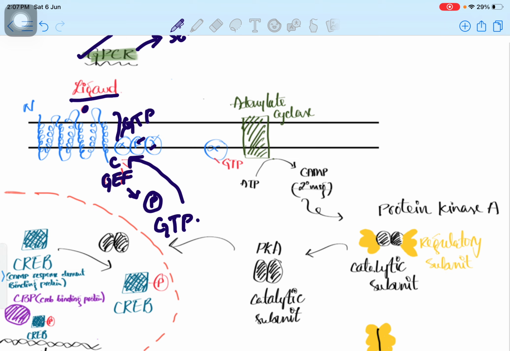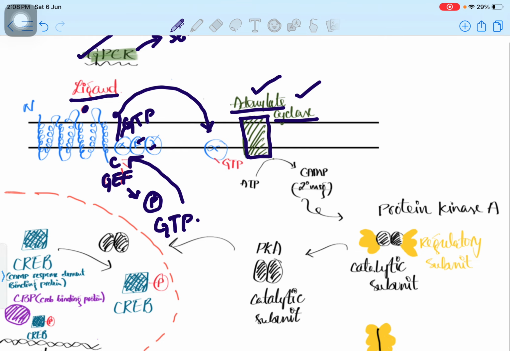Beta and gamma will remain silent. But when the alpha gets attached with the GTP, it will move towards the adenylate cyclase. You can call it adenylate cyclase or adenylyl cyclase. Adenylate cyclase is the older version name, and adenylyl cyclase is the newer version.